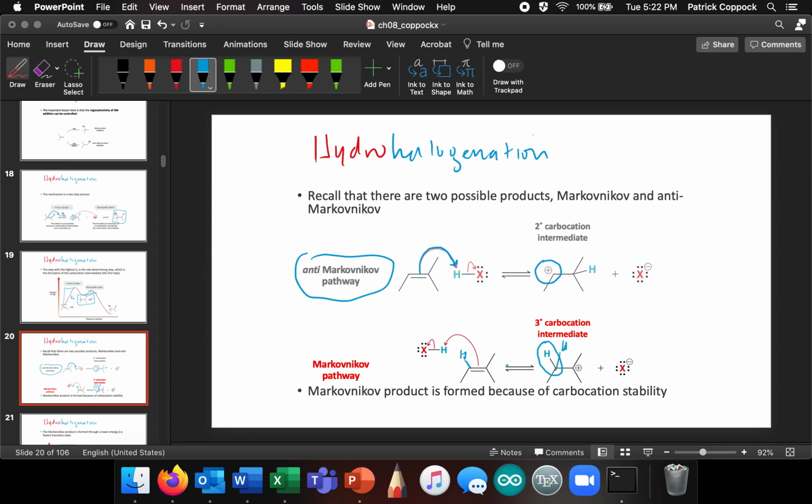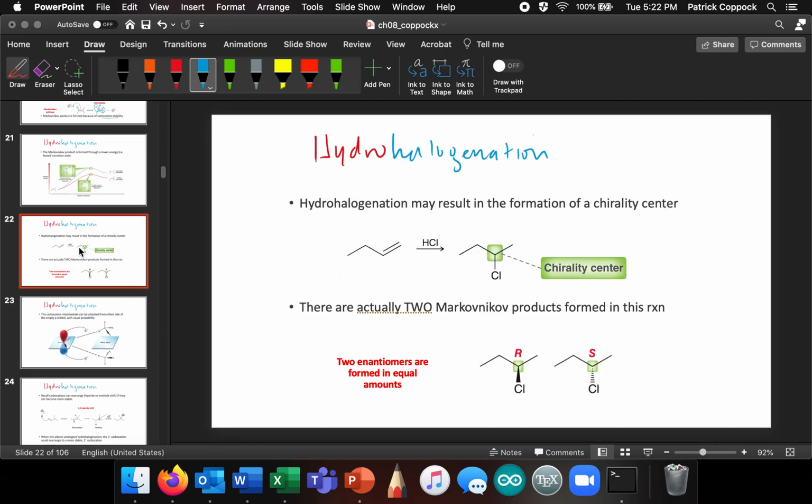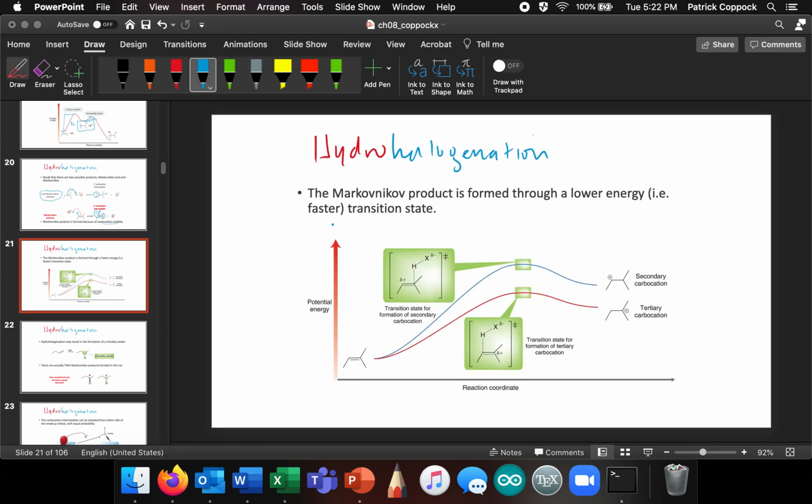If it goes to the side that has more hydrogens on it, then you get a tertiary carbocation, which is more stable. Okay, the more stable tertiary carbocation. The transition state is also lower, and so it's faster. It has a lower activation energy.